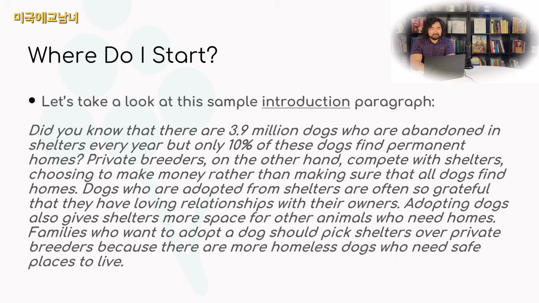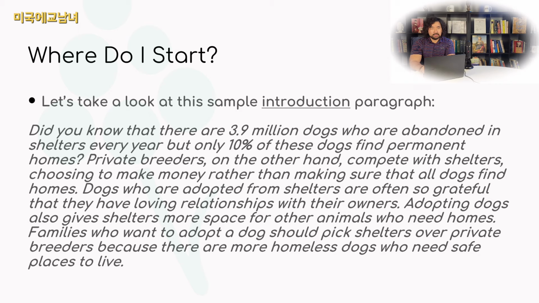Dogs who are adopted from shelters often are so grateful that they have loving relationships with their owners. Adopting dogs also gives shelters more space for other animals who need homes. Families who want to adopt a dog should pick shelters over private breeders because there are more homeless dogs who need a safe place to live.